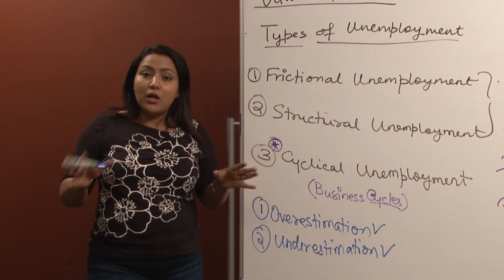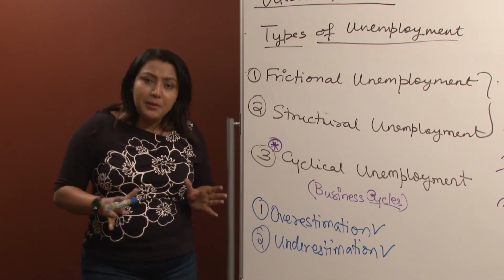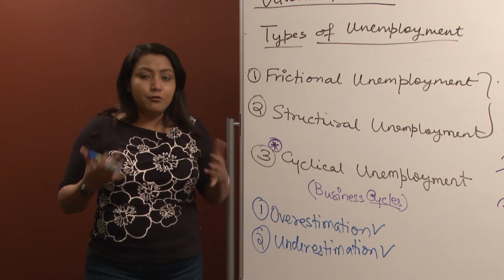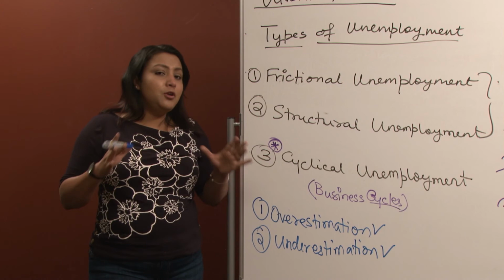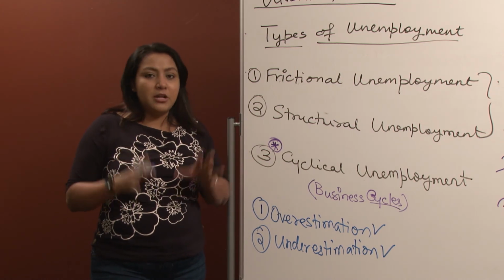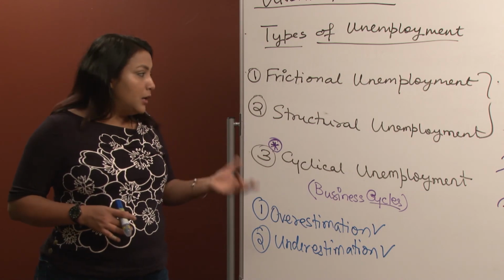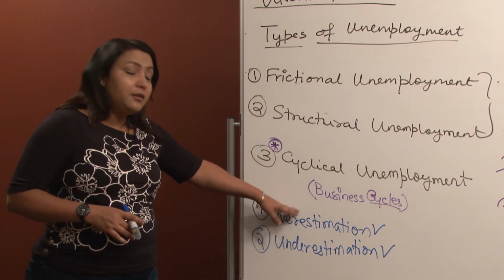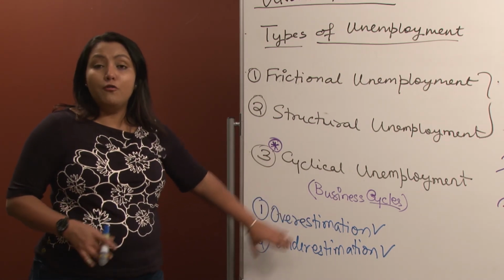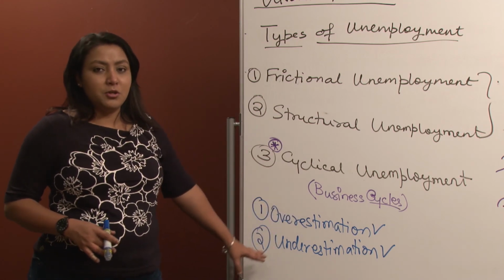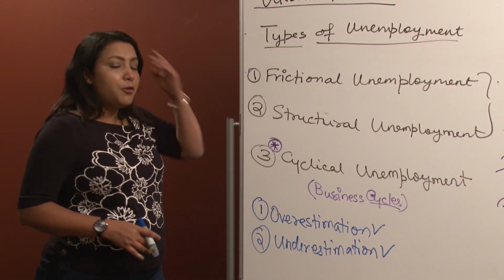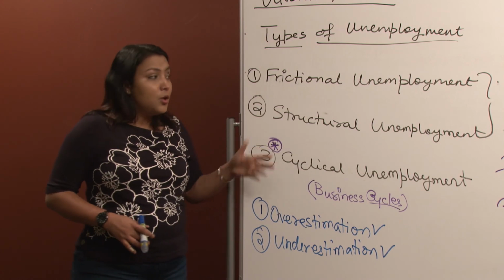So there is never one rule. Many people are of the view, and I kind of conform to that view, that the employment rate is a better measure of the labor market situation in a country, because the unemployment rate is plagued by these problems of overestimation and underestimation.